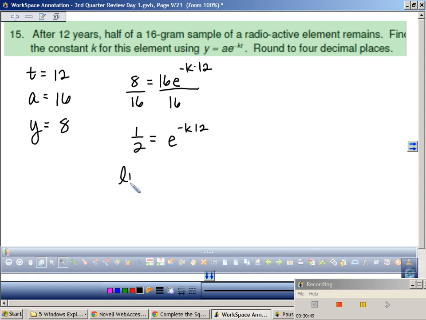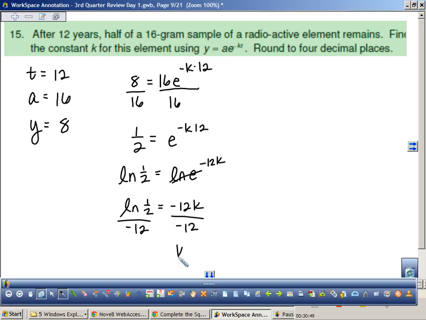So I'll put ln 1/2 equals ln e to the negative 12k. This cancels out. ln 1/2 equals negative 12k. Divide by negative 12. K is about, and we already did the other one. So 0.578.